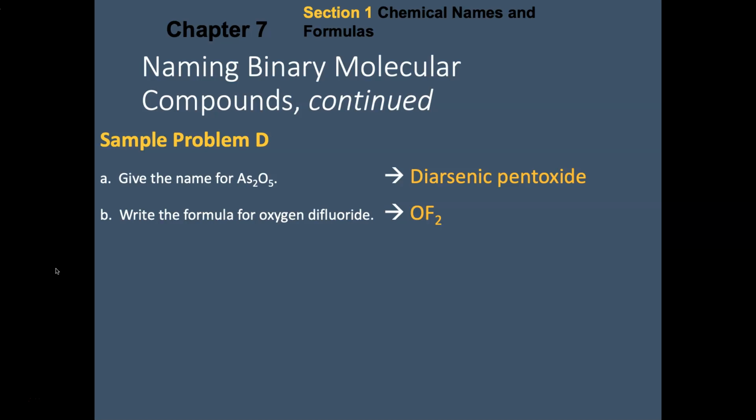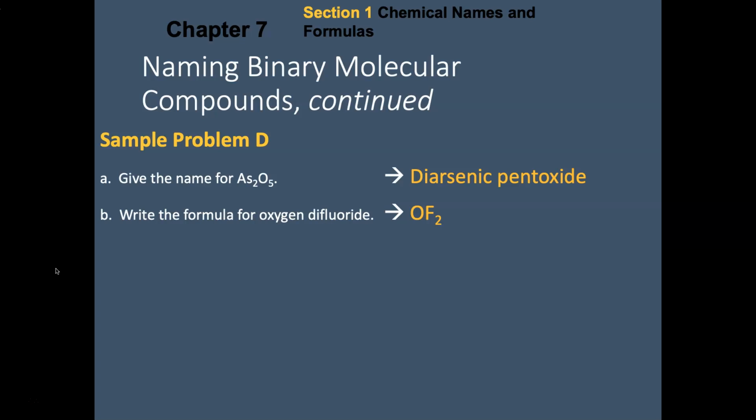So this one gets a prefix of di. And the second atom, oxygen, is going to get its ending changed to ide, and you're going to insert the prefix in front, which is going to be penta. So you're going to do pentoxide. So diarsenic pentoxide. Remember that the first atom does not lose anything from its ending. You just name it as it's on the periodic table.